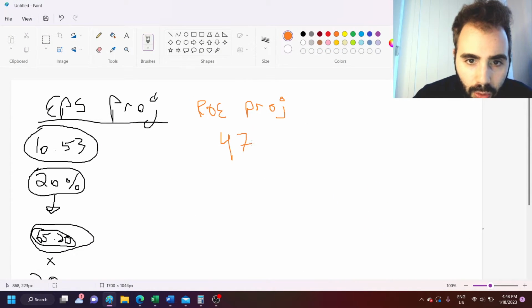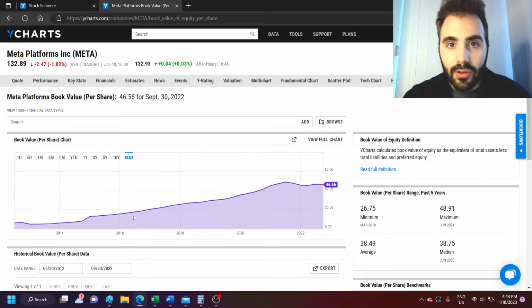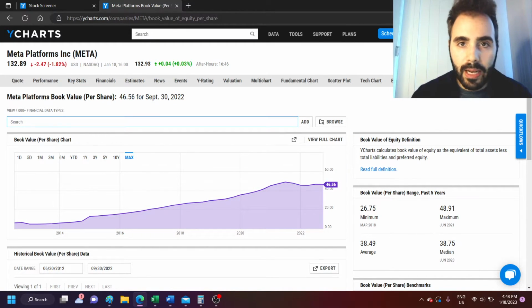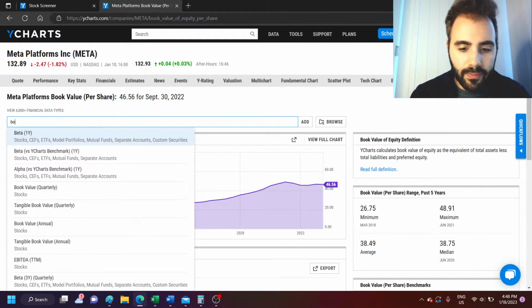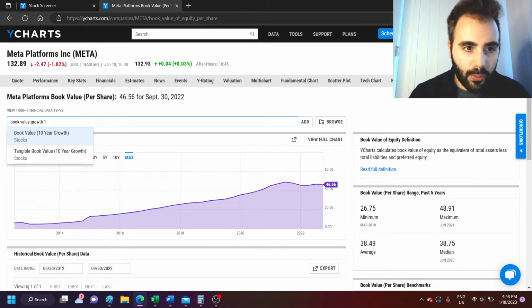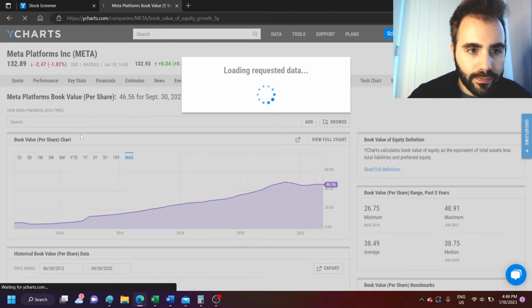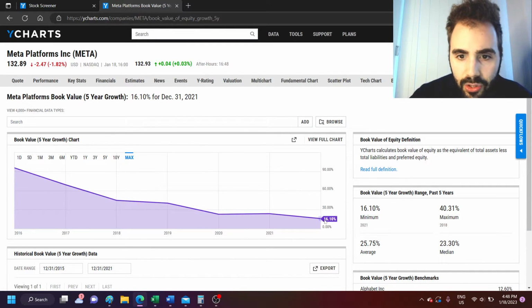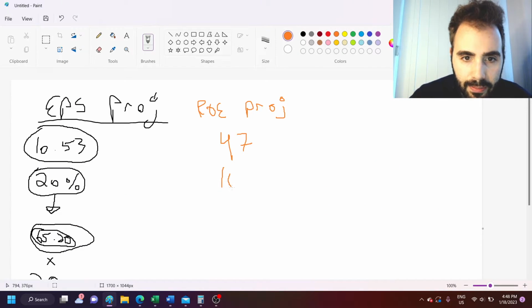And we have to now grow this out 10 years forward using what Meta's been able to grow its book value at. And we can use the 5-year growth rate. Meta's grown its book value at about 16% per year. So let's grow this number at 16%.